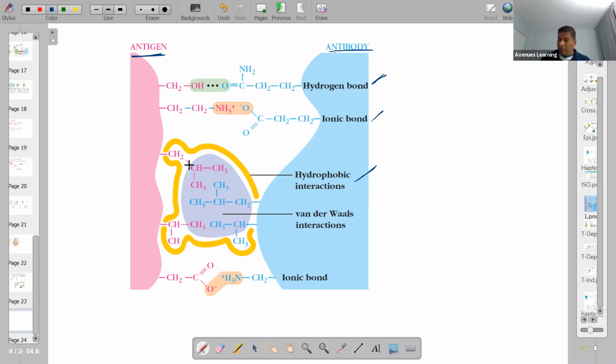You see all these are non-covalent, so they can be easily broken, and the antigen and antibody can be easily separated. In other words, the antigen antibody interaction is reversible. Just like how the antigen and antibody come together, they can be easily separated into antigen and antibody again.